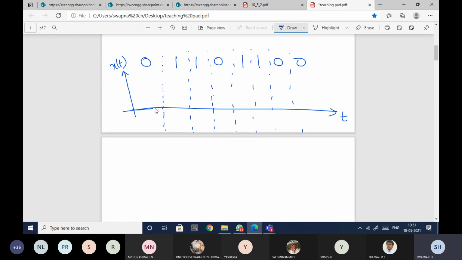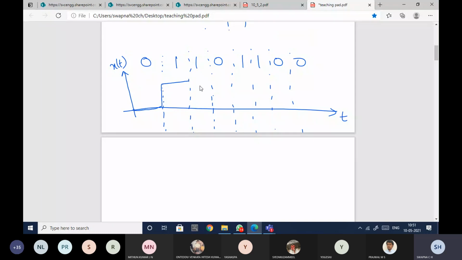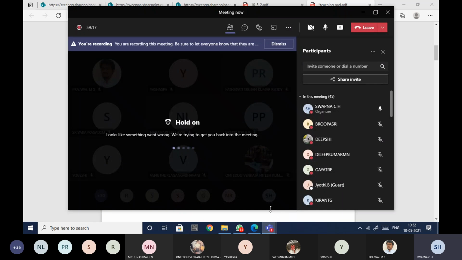So 0, then 1 will be represented with A, again 1 with A, 0 with 0 amplitude, 1 with A amplitude, again 0 0. So this is nothing but A. That's all for now. Tomorrow we'll see.